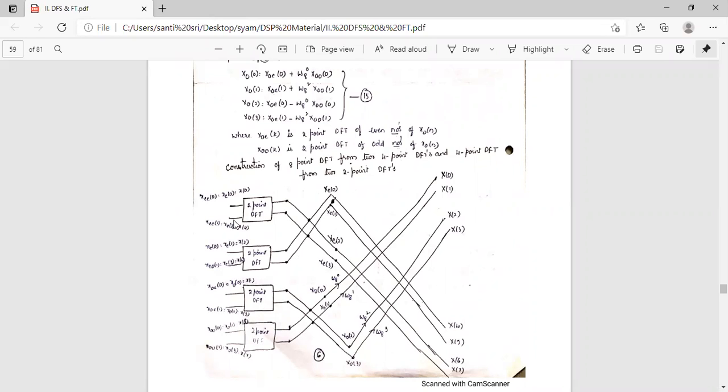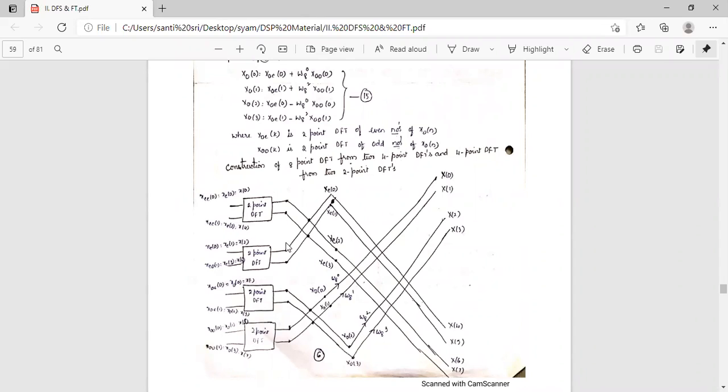Okay, so this is XEE of 0, XEE of 1. Next, XEO of 0, XEO of 1, XOE of 0, XOE of 1, and XOO of 0, XOO of 1.